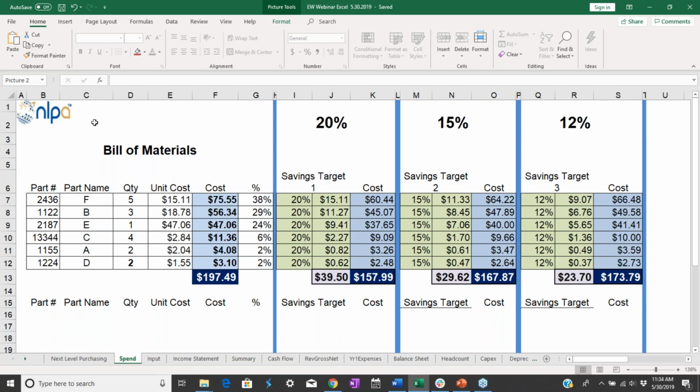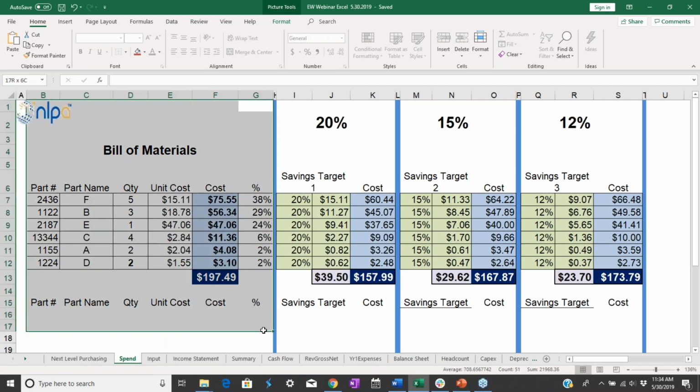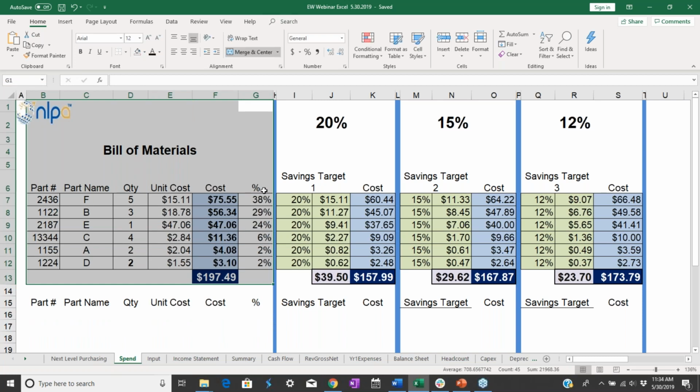Okay, so on the left of the screen where I've highlighted is the current price points for parts F, B, E, C, A, and D. And we have the part numbers on the extreme left of the column.